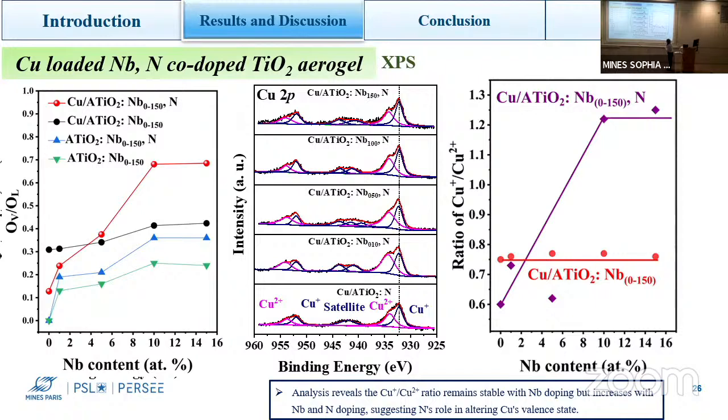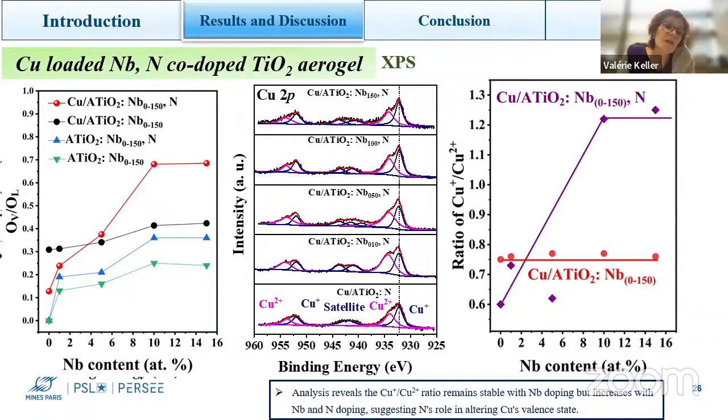So here I suspected the explanation is that during ammonia treatment, the surface niobium is getting higher, and the surface vacancies, the defects, are getting higher, and the defects are going to trap the copper and bring more copper to the surface. In the ammonia treatment, the copper was easily reduced to copper 1. In that way, we get a higher copper 1 concentration.